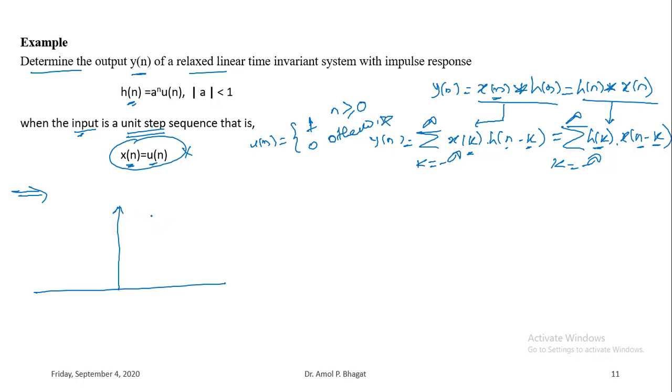Here you cannot directly identify the start value of the sequence, as well as at what time it will end, because the value of n can vary. It can be anything greater than or equal to 0, because it is 1 for these values. So to solve this example, I'll take the next slide because I have to plot these graphs.